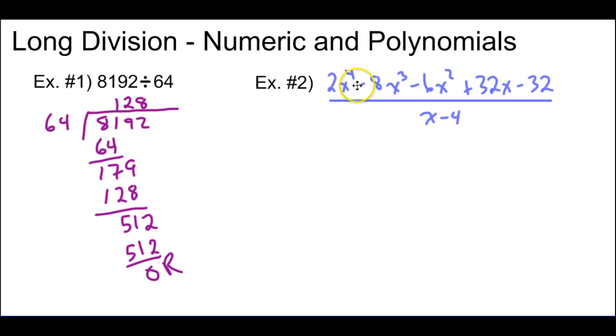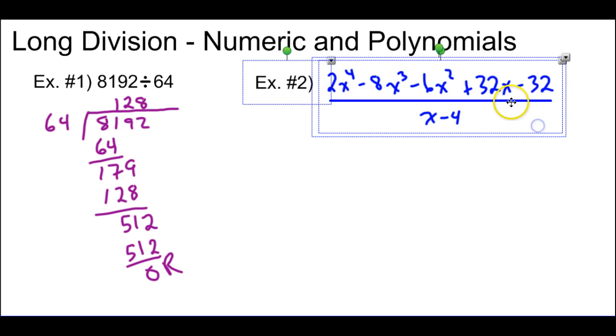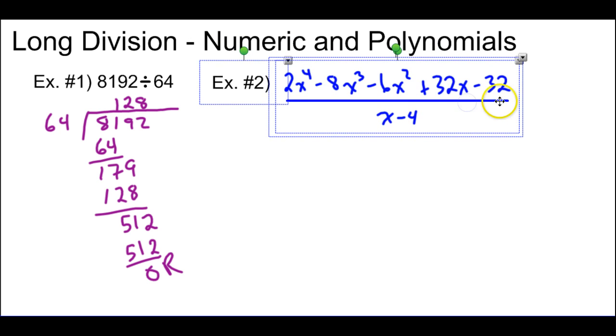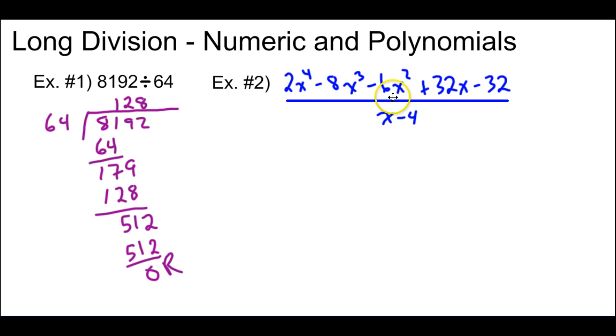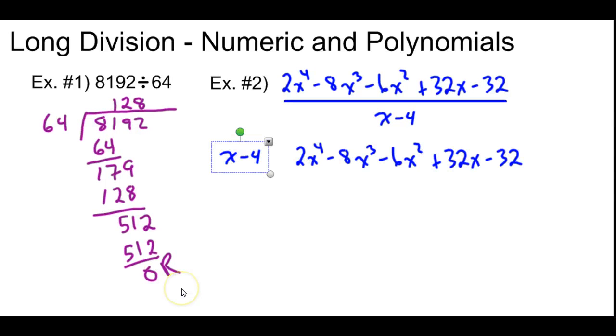So, we want to do the same thing with polynomials now. Give myself a bit more room. This will take a bit more space for sure. So we'll write it the same way. We're looking to divide this by the x minus 4. So we're going to rewrite this in this form with our long division symbol.